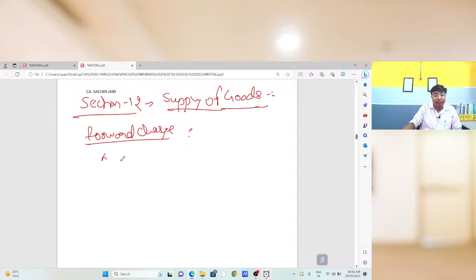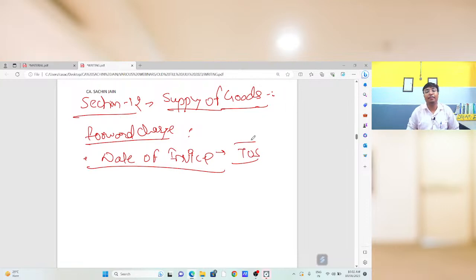So my date of issue of invoice will be treated as my time of supply. That means in case of forward charge, when I am going to make the supply of the goods, when I am going to issue the invoice, that will be my time of supply.